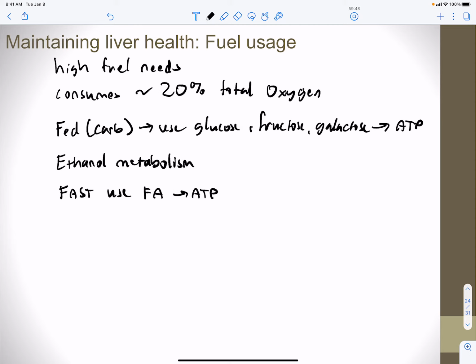Your alpha keto acids derived from degradation of amino acids are also a potential source of fuel for your liver.